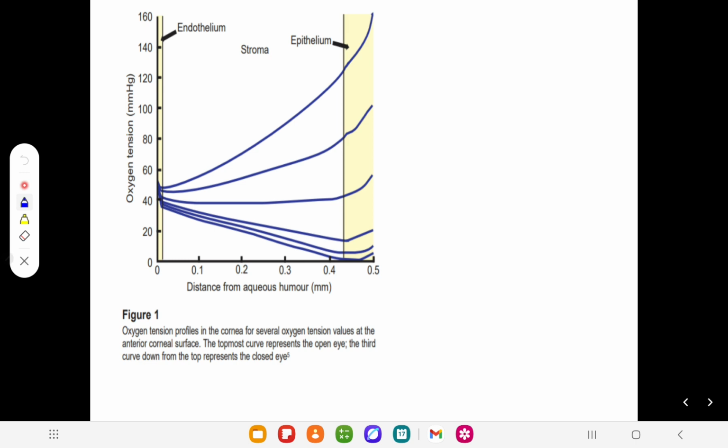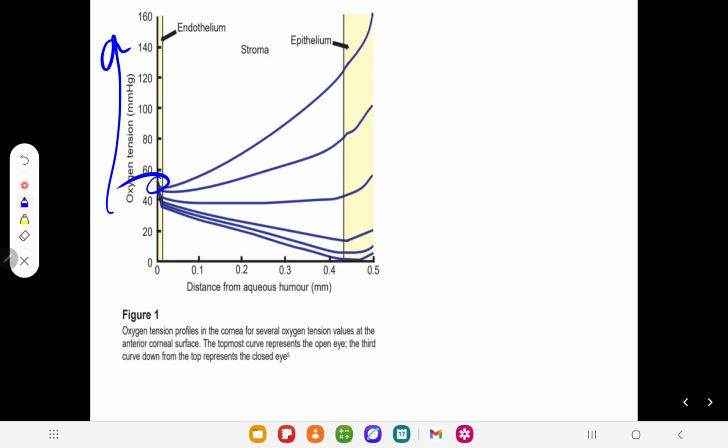So what do you mean by that? It means oxygen tension is higher here. It's approximately 155 at the epithelium when the eye is open, and around 55 when the eye is closed, at the endothelial cells, isn't it? So this is how it reduces all the way.